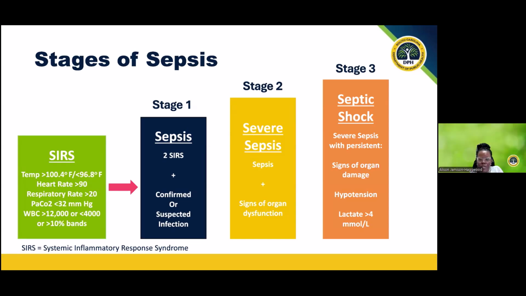And then stage 3, septic shock. You have severe sepsis with persistent signs of organ damage. Their blood pressure will be dropping to less than 90, and their lactate levels will be greater than 4 millimoles per liter. So those are definite signs that this person is in septic shock.